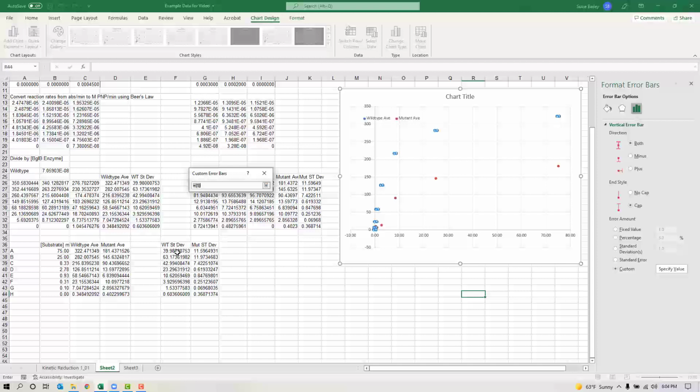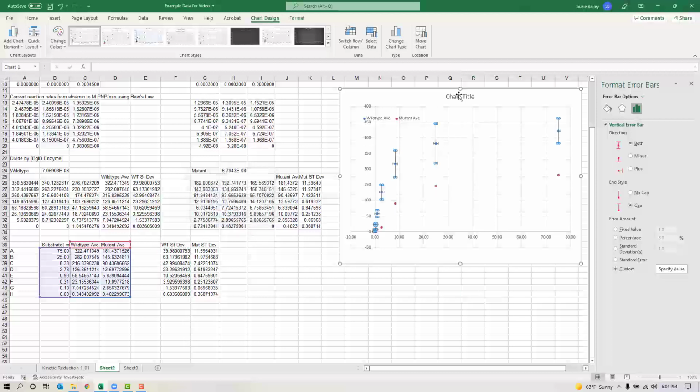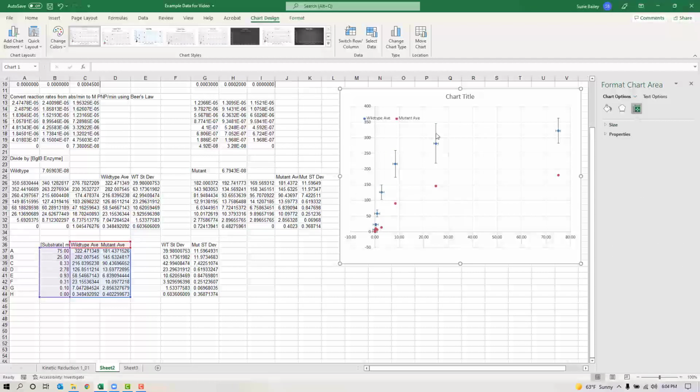So again, I'm doing my wild type series, so I'm going to click and drag to select my wild type values for my positive error value, which is the up error bar. And then I'm going to click that little icon, select exactly the same data for my negative error value, which is the down error bar on the data point, and say OK. And now it has added those error bars onto my graph.